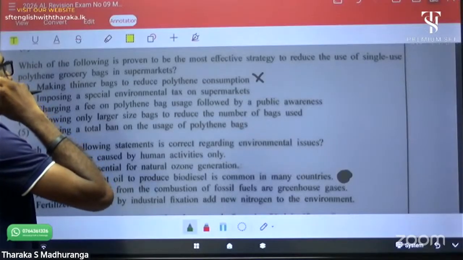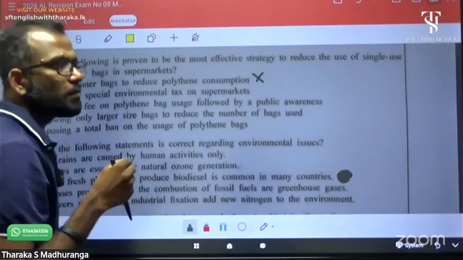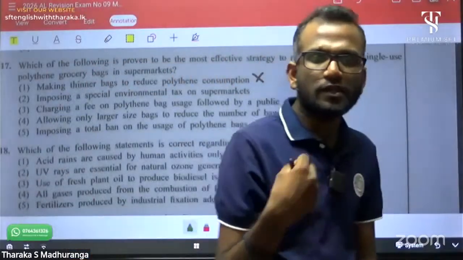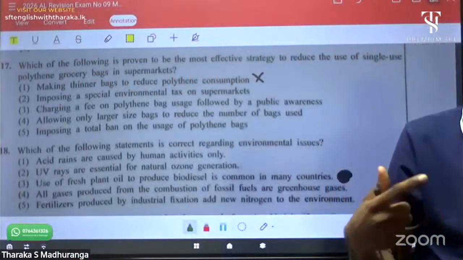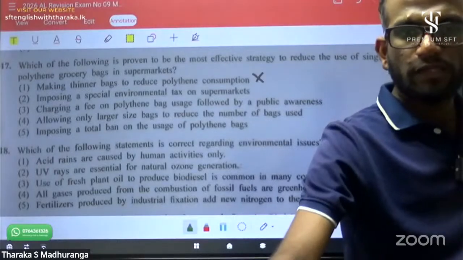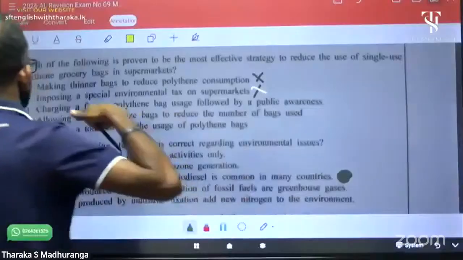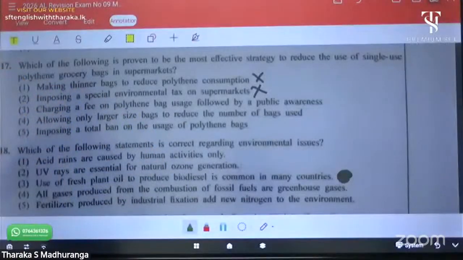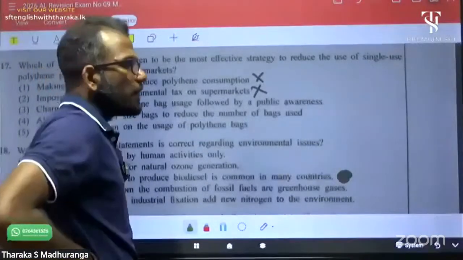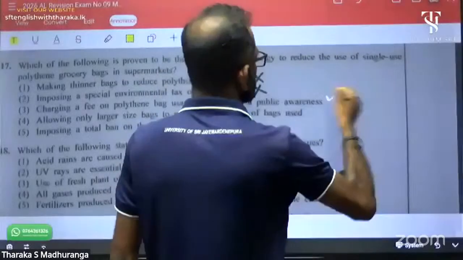Imposing a special environmental tax on supermarkets. If we introduce a tax for supermarkets, does it decrease usage? No, it is not effective. Charging a fee on polythene bag usage, followed by public awareness. That's okay. I think we are practicing that now in Sri Lanka, right?